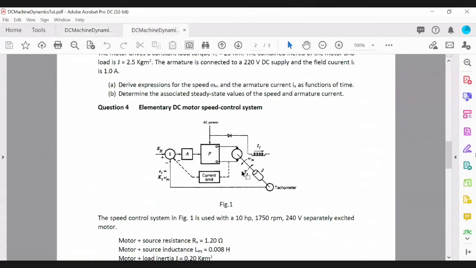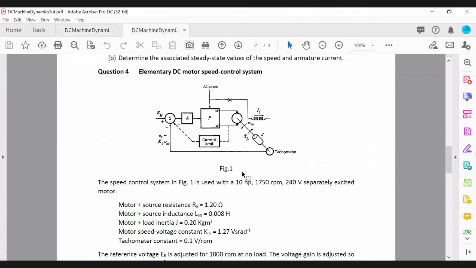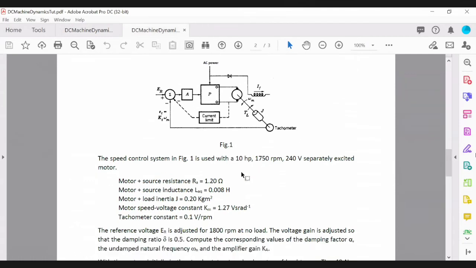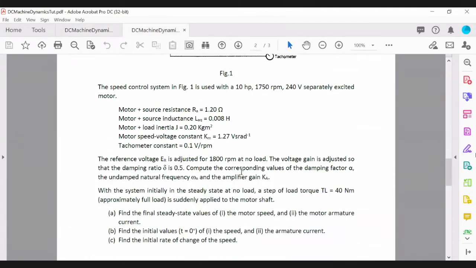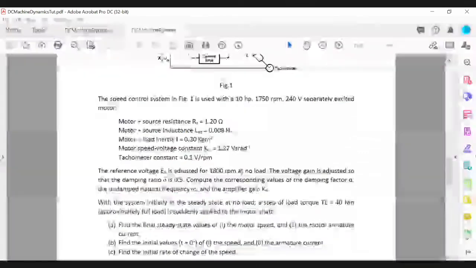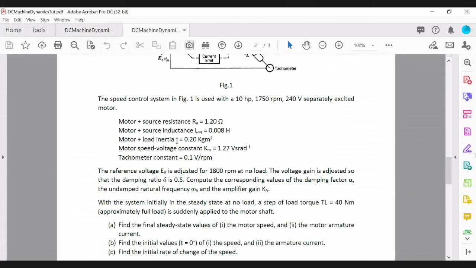Question 4 in the tutorial is on the last part that we did, which is the speed control of a DC motor. The parameters of this system are given: Ra, La, the moment of inertia, motor plus load inertia, J equal to 0.2 kg meter squared, the speed voltage constant Km, and the tachometer constant.